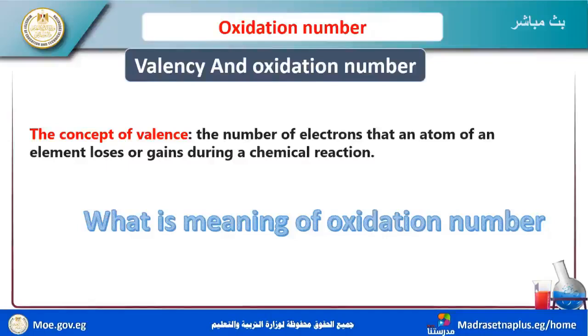You studied before that in the reaction of oxygen, it gains 2 electrons when it reacts with other elements. So when it gains 2 electrons, it is called divalent. The concept of valence is the number of electrons that an atom of an element loses or gains during a chemical reaction.